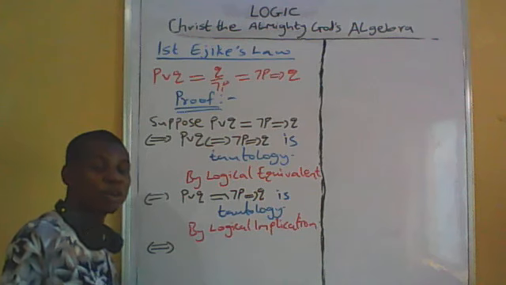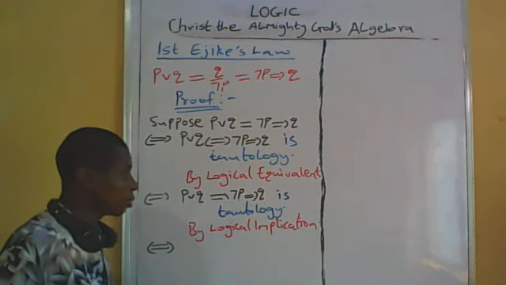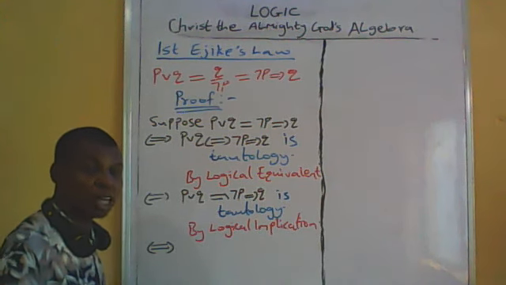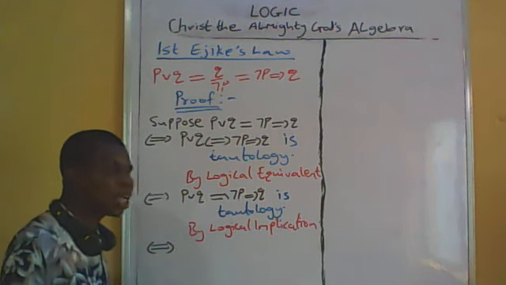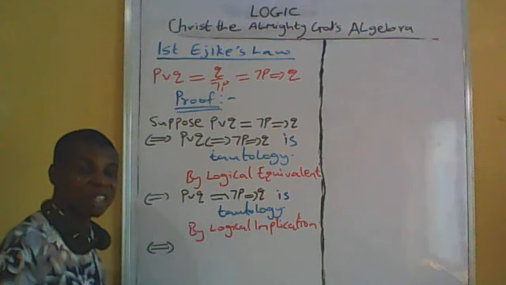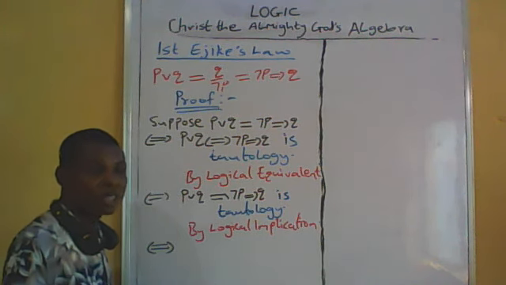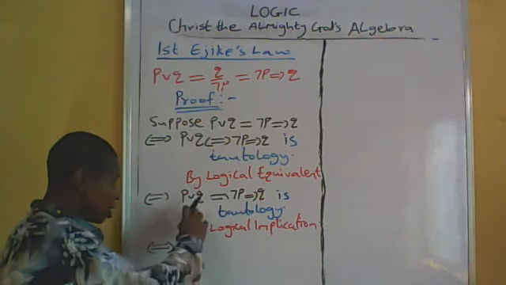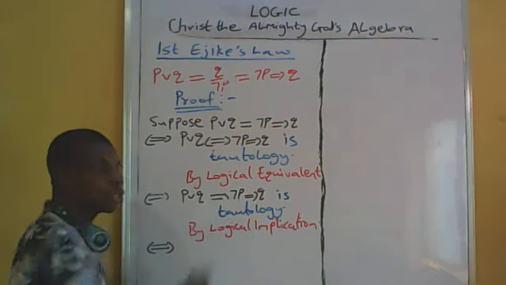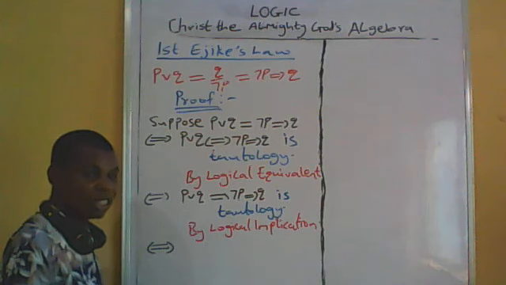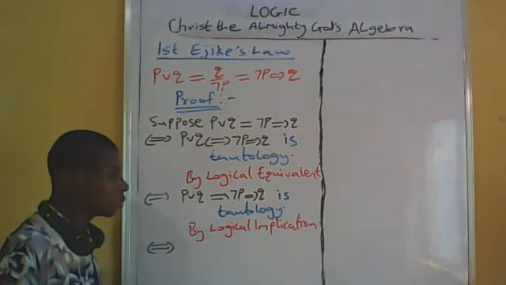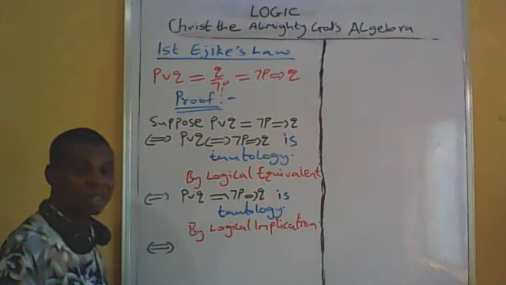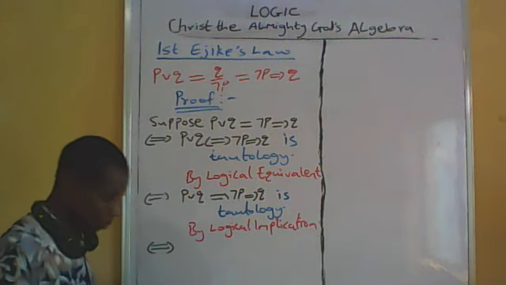And if P or Q exists, we say that P or Q is logical implication of not P implies Q. That the antecedent is logical implication of the consequent, because the conditional statement is tautology. If it is a tautology, we then know that it is certain that the antecedent exists.